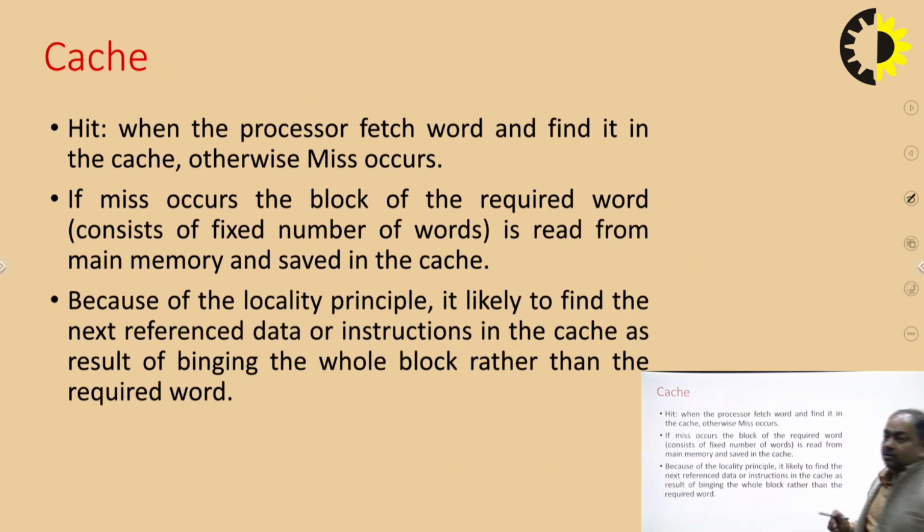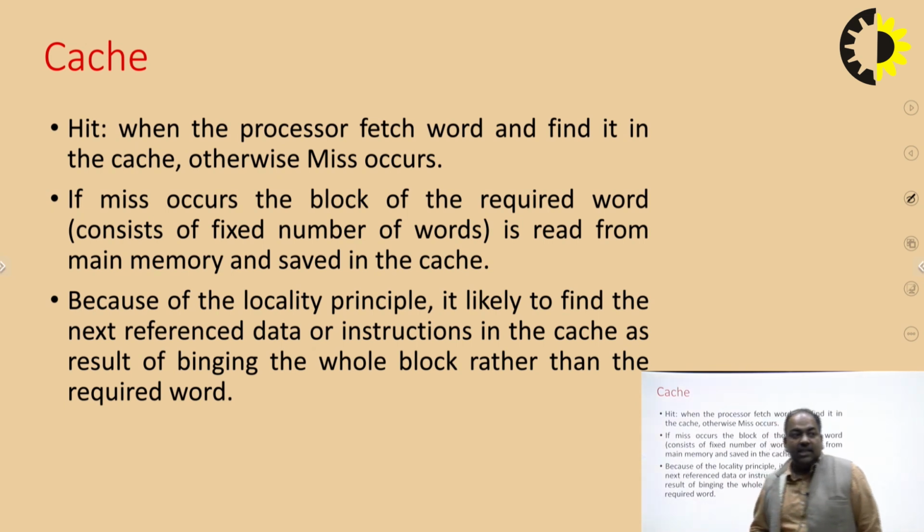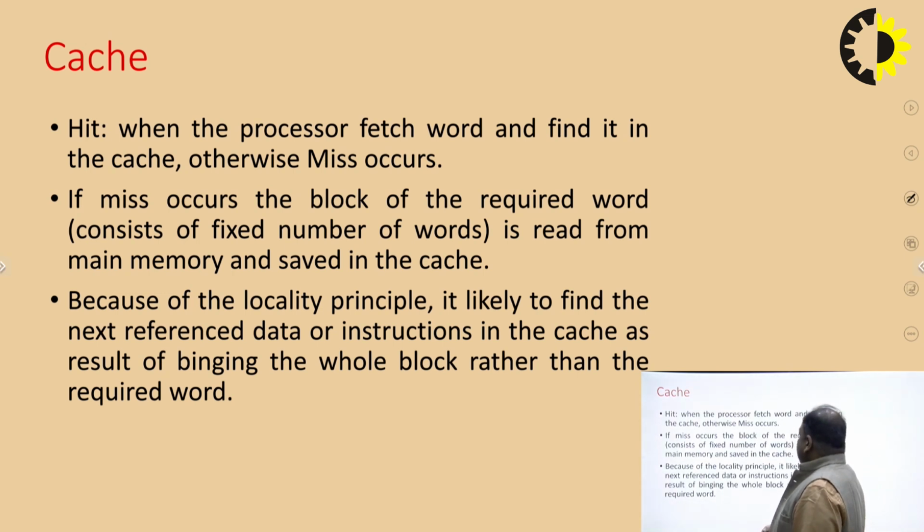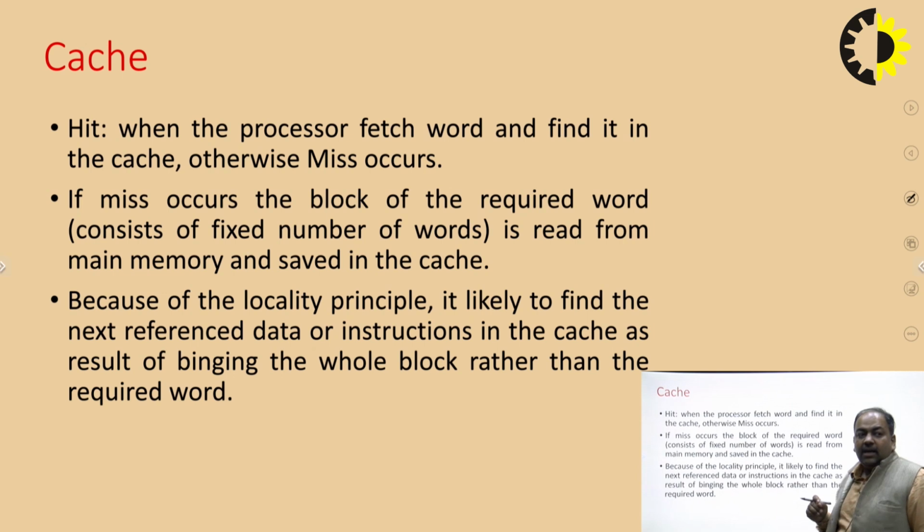So there are two concepts in cache memory. When any instruction is executed and the CPU finds the address of that instruction in the cache memory in the form of a tag, then it is called a hit, and if the required block is not in the cache, then it is called a miss.